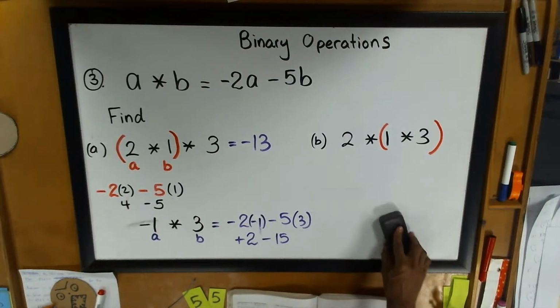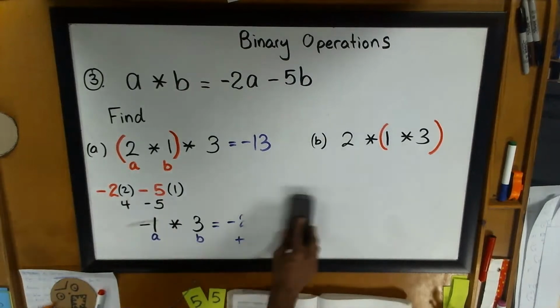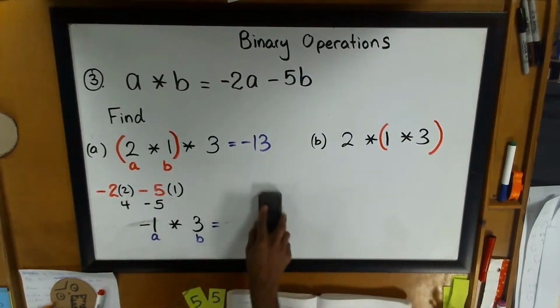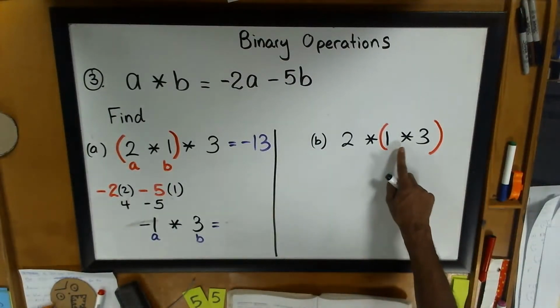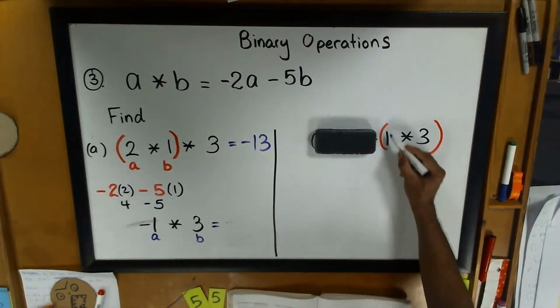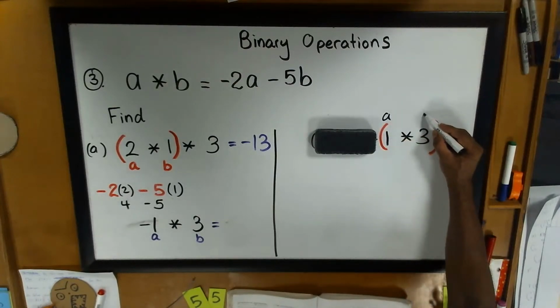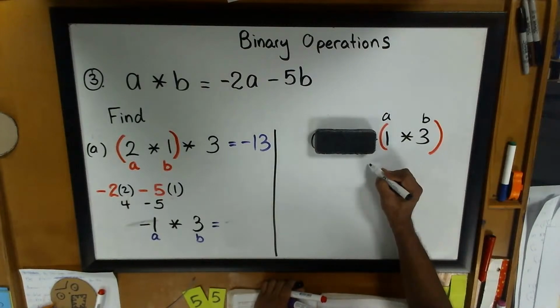So I wanted you to see it side by side. Sorry, I need the space here. In this question, we have to work out the brackets first. So let's block out this 2. Here's A, and here's B. Let's throw it into this equation here.